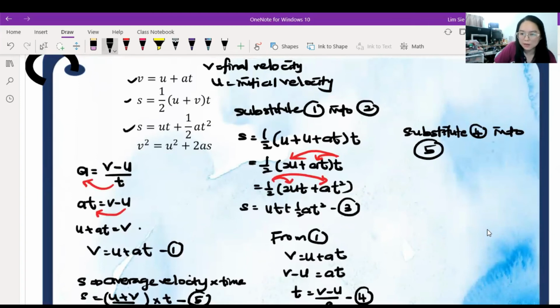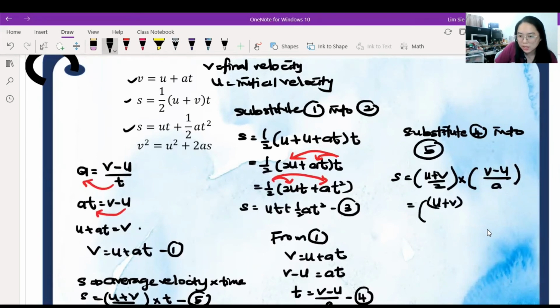I have S equals U plus V over 2 times T, where T is V minus U over A. Now I just expand it: (U plus V) times (V minus U) over 2A.